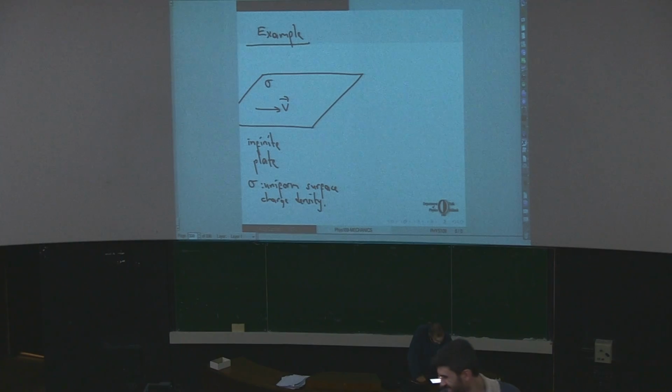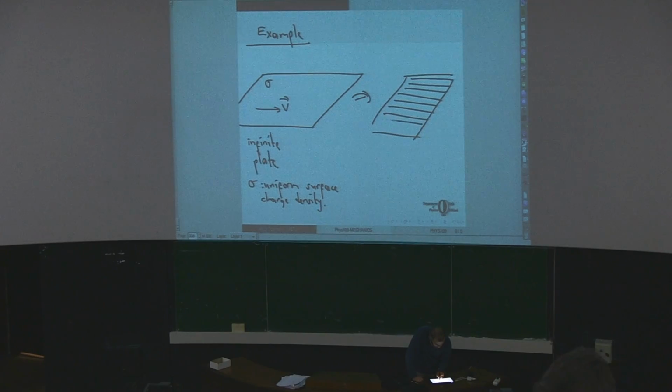I can sketch it as very small strips. Each one of them is moving, so each one is carrying some current. For the time being, I'm not interested in the amount of current that they carry, but they will be carrying some current. First, let's determine the direction of the magnetic field. That's what I'm first aiming at.